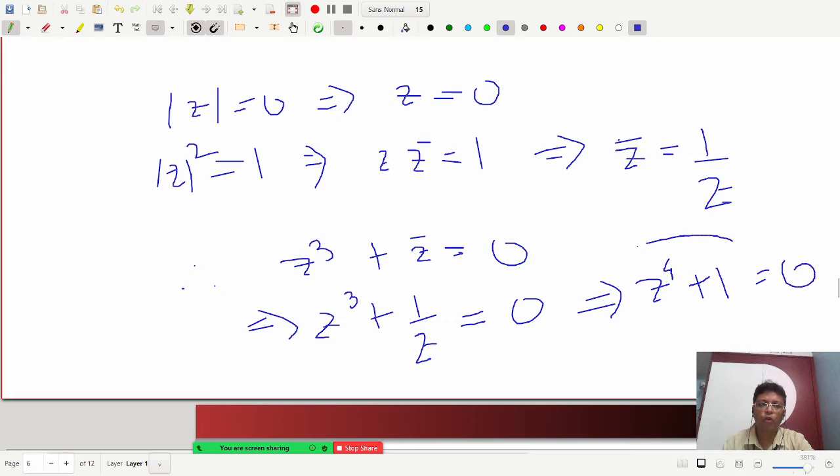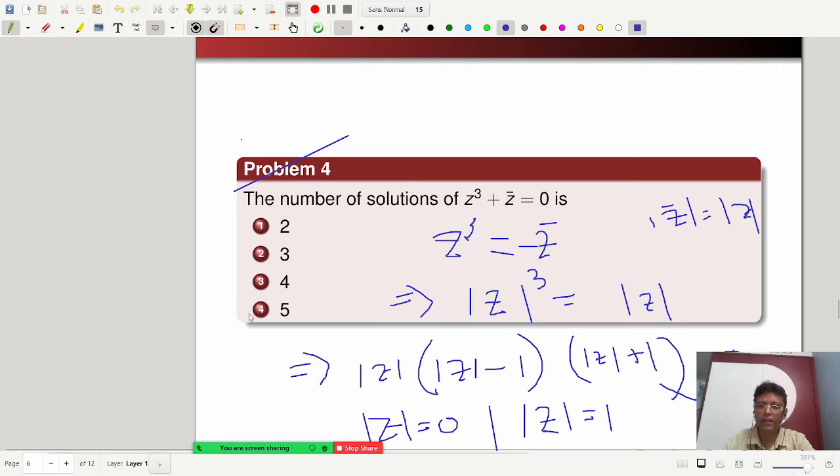So you have four solutions of this equation, four complex roots. Including 0, 5 solutions. So how many solutions you have? 5. So your option is 5. That is the number of solutions of this equation.